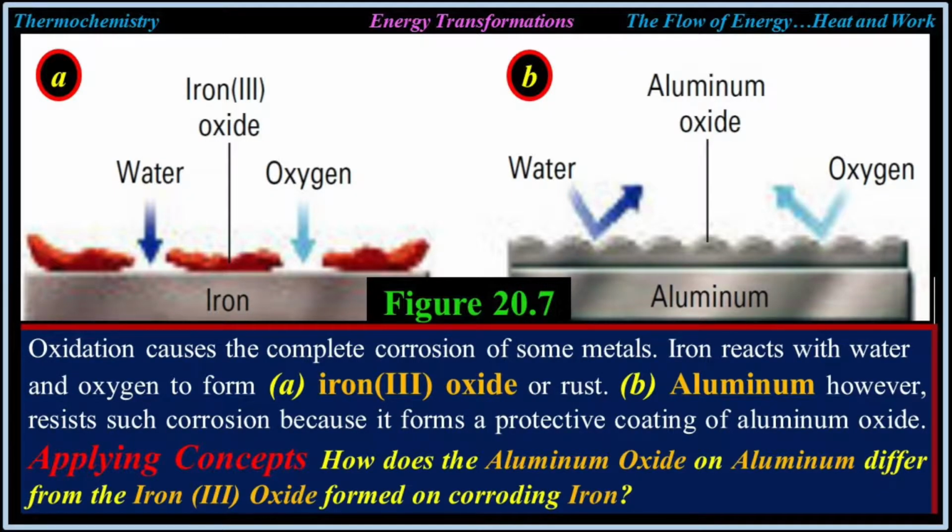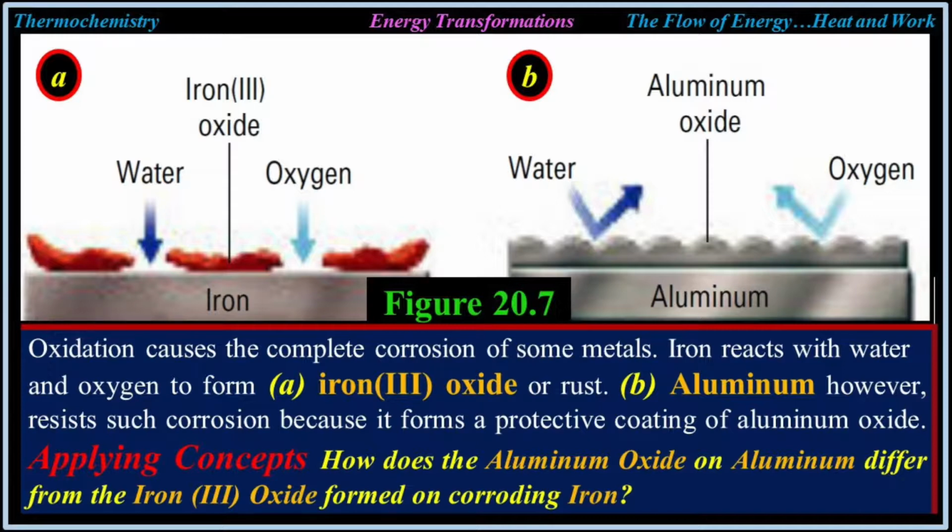Oxidation causes the complete corrosion of some metals. A. Iron reacts with water and oxygen to form iron(III) oxide or rust. B. Aluminum, however, resists such corrosion because it forms a protective coating of aluminum oxide.